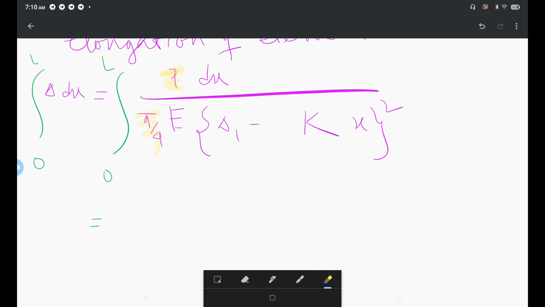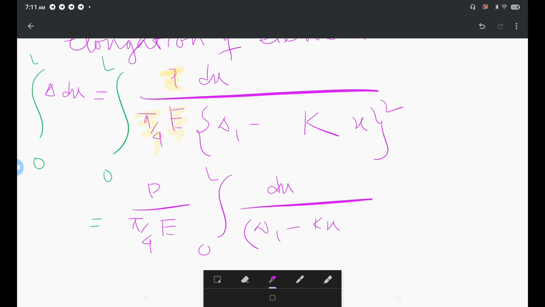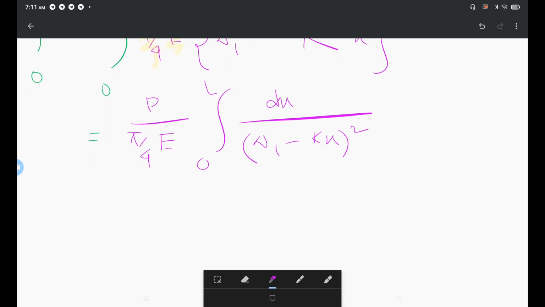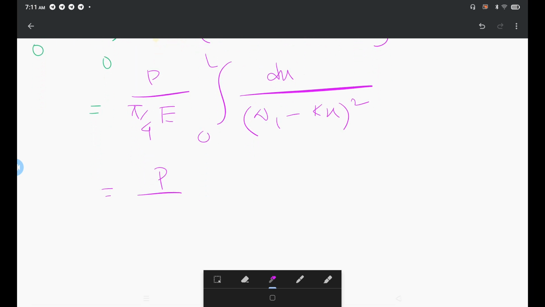So moving it to the left side, P upon pi by 4 E, integral from 0 to L of dx upon (d1 minus kx) whole square.